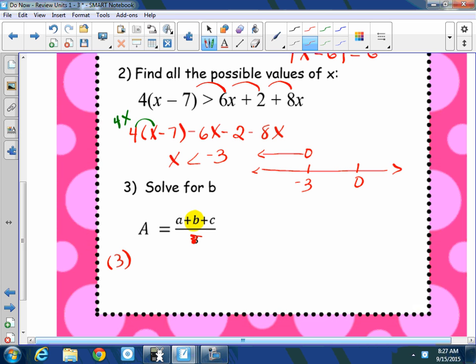Subtract. So I'm going to say minus A, minus C. That takes care of that or that. I'm going to do all of this to A. There you go. That's all. Okay, so B equals 3A minus A minus C. And that's it.